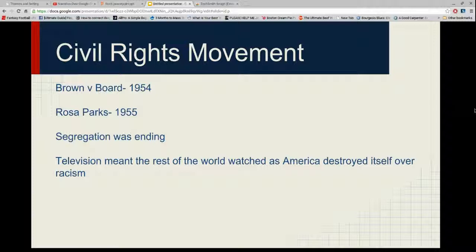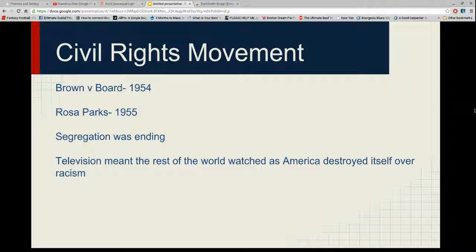So the civil rights movement had been an underground movement that became very widespread in the 1950s and the 1960s. The first major win for civil rights was Brown versus Board of Education, which said that you could not segregate schools. So this was the beginning.